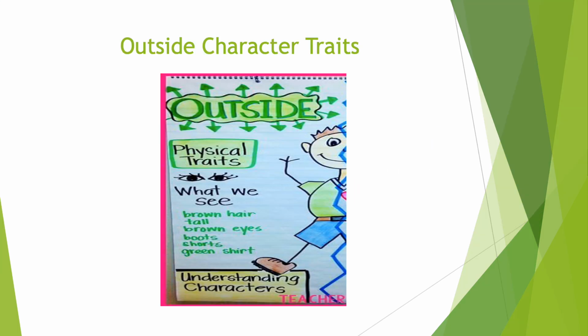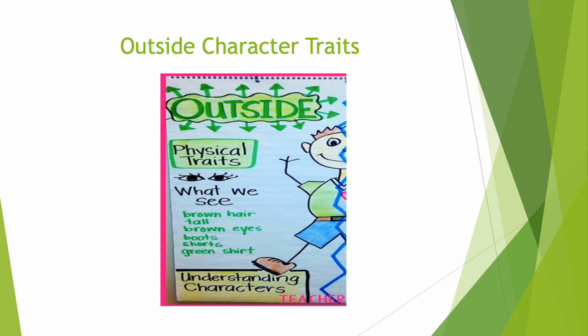Let's first focus on outside character traits. So when we're talking about the outside character traits, we're talking about the physical traits of a character. What do we see when we look at them?